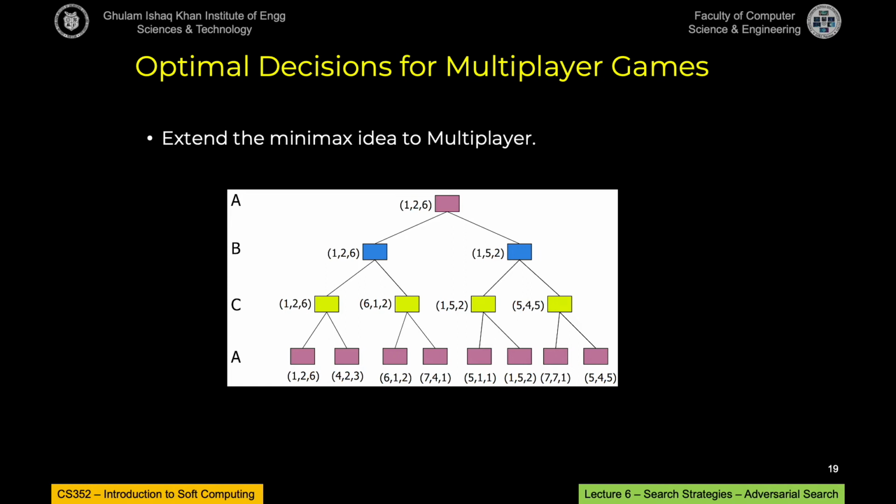The first utility in the tuple is 1, which is of A. The second utility, which is 2, is of B. And the third utility, 6, is of C. Similarly, if we go to the second node from the bottom left, we see that A has a utility value of 4, B has a utility value of 2, and C has a utility value of 3.